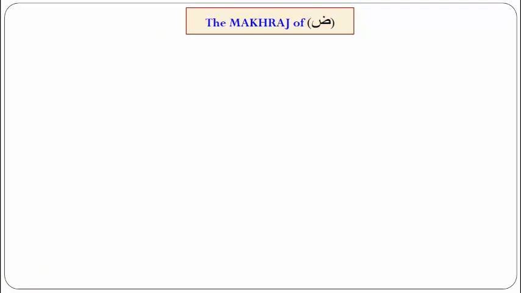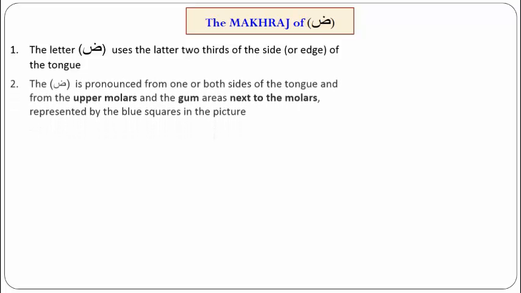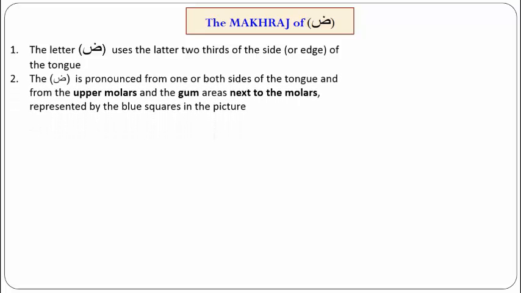The Makhraj of Daad. The letter Daad uses the latter 2/3 of the side or edge of the tongue. We are going to show this, inshallah, in some detail just now. The Daad is pronounced from one or both sides of the tongue, and from the upper molars and the gum area next to the molars.